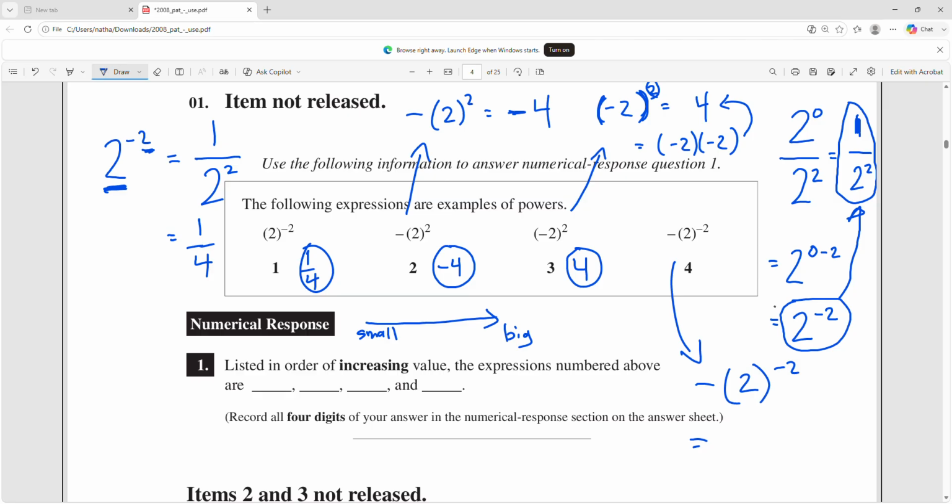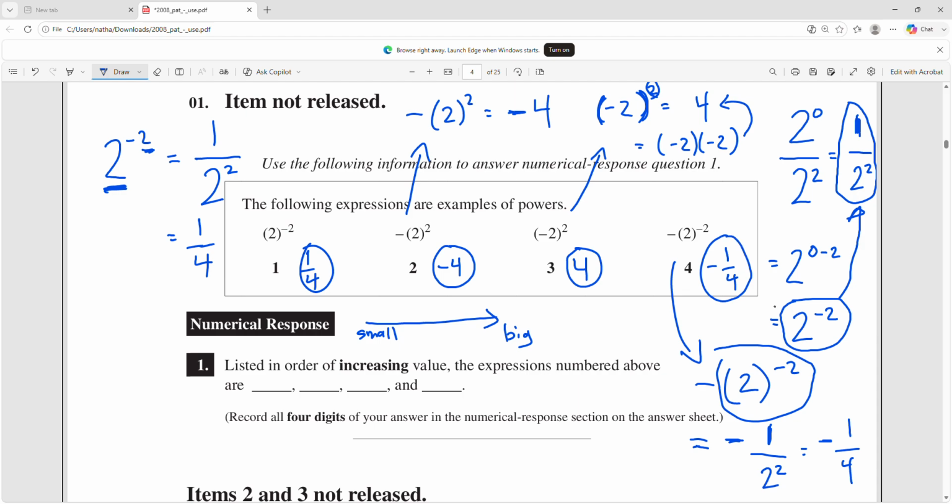So let's leave our negative sign there, and, oh, that was thunder. Now I'm going to write this part as we just learned: 1 on the top and over 2 squared. So we get negative 1 over 2 squared, which is 4. So this one has a value of negative 1/4.